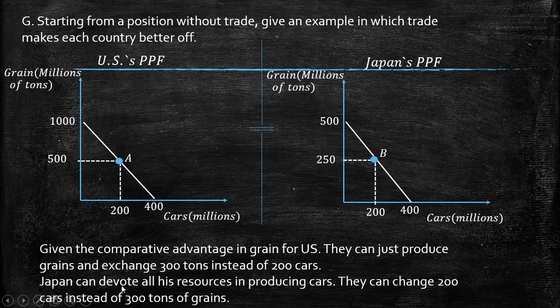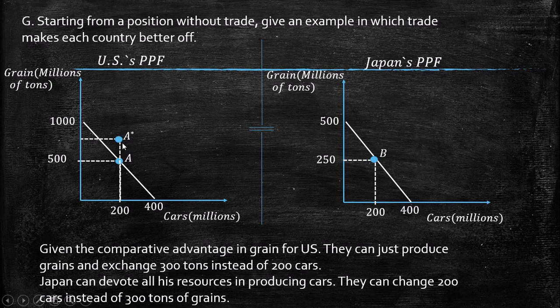On the other side, Japan can devote all its resources to producing cars, and they can exchange 200 cars for 300 tons of grain. What is the result? The United States produces 1000 and gives 300 to Japan. Instead, it receives 200 cars. So the United States, instead of A, is going to be at A star.